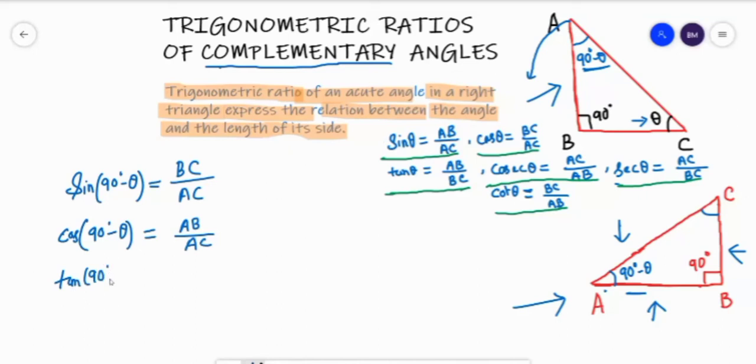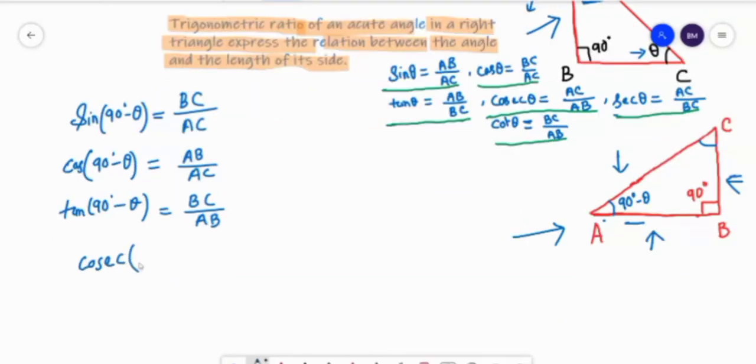Next, tan of 90 degree minus theta is equal to the height BC divided by the base AB, BC by AB. Cosec of 90 degree minus theta is equal to the hypotenuse AC divided by the height BC.